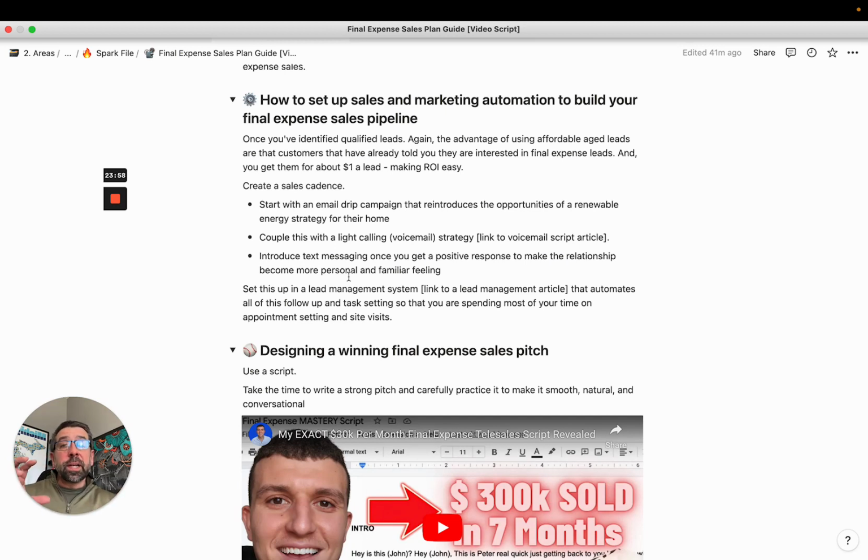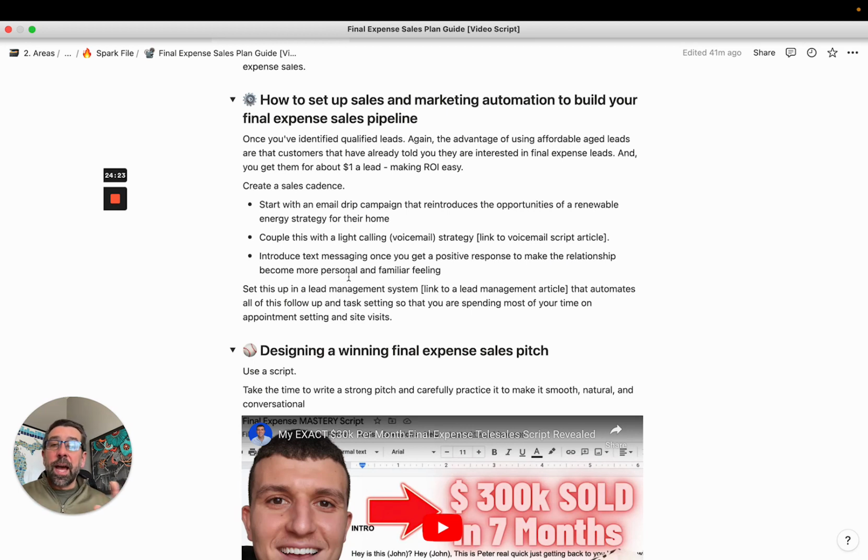While you're doing high-value activity like doing appointments and talking to individual clients and customers about final expense, you want to have your sales activity working in the background. You want to have your whole database being worked. That will keep your database fresh, and it will keep the maximum amount of opportunities coming out of that total data set.